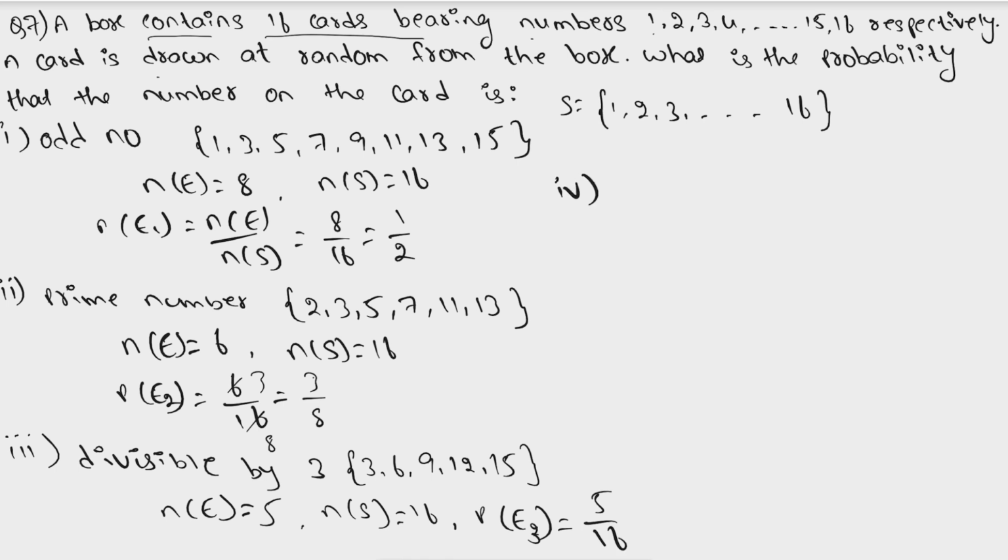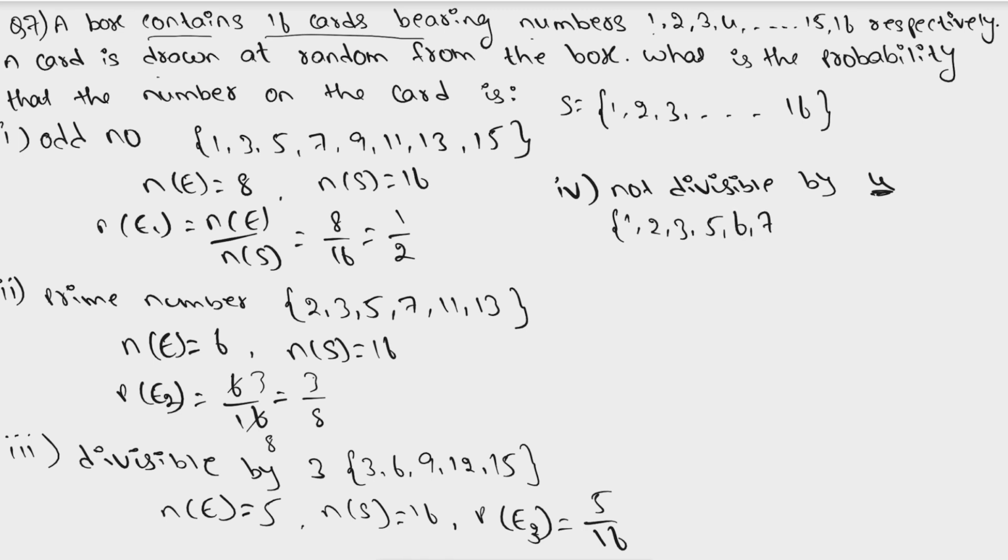And we have our fourth one, where we need to find numbers which are not divisible by 4. Not divisible by 4 means non-multiples of 4. That means here we'll have 1, 2, 3. 4 we will not take, because it is a multiple of 4.